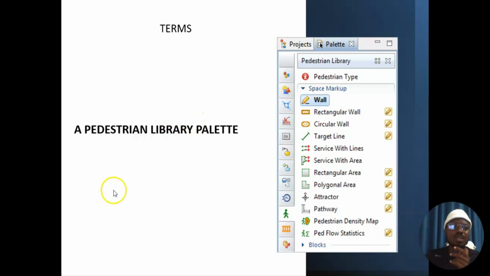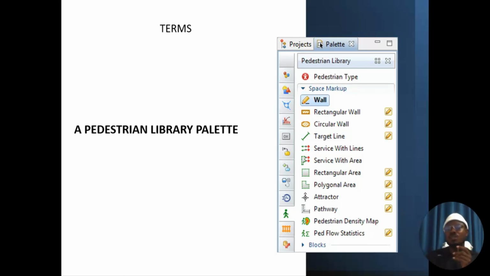The next point we are going to be looking into is what we call the pedestrian library palette. And this can be seen in the outlook of Anylogic. When we enter the main page of Anylogic, we can see what it looks like here. So basically, this interface contains some of the models or tools we use for simulation.